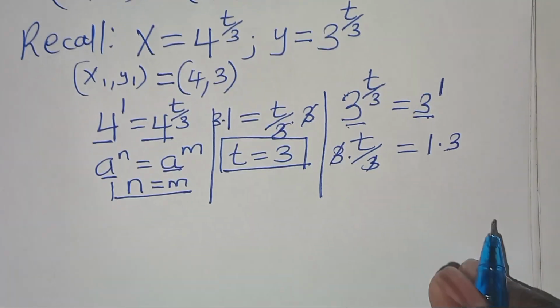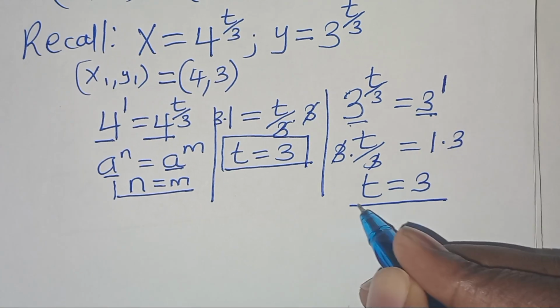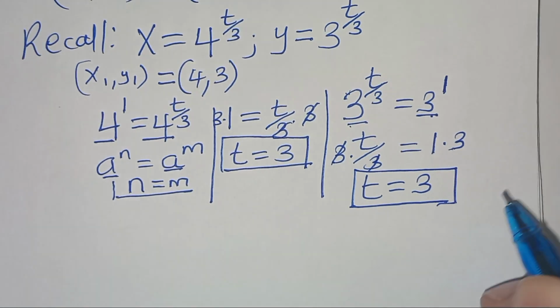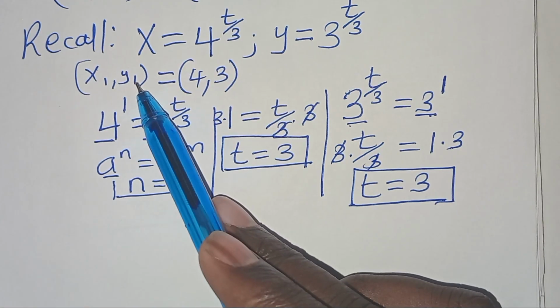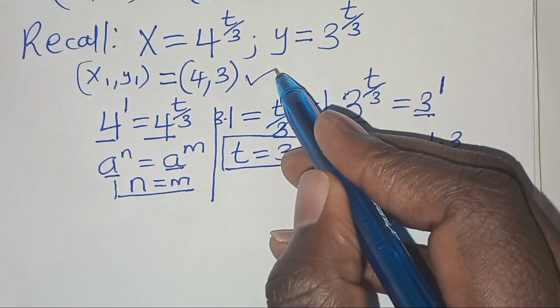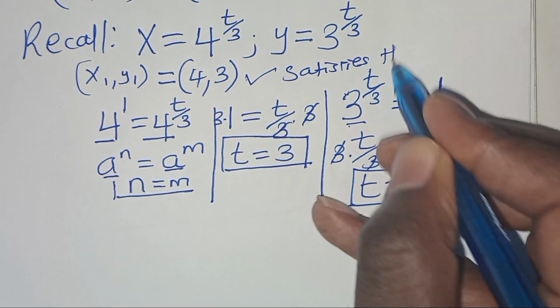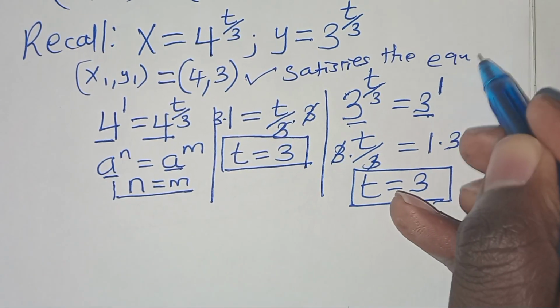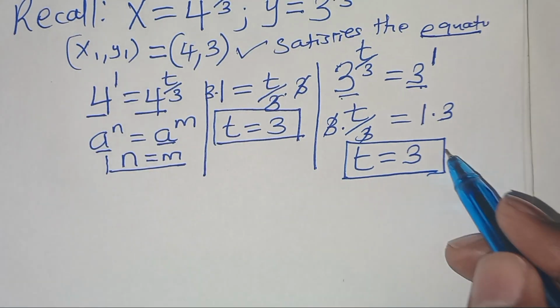So this implies that t is equal to 3. So the first set of solution, x1, y1, which is 4, 3, actually satisfies the equation. Okay? So the value of t here is 3.